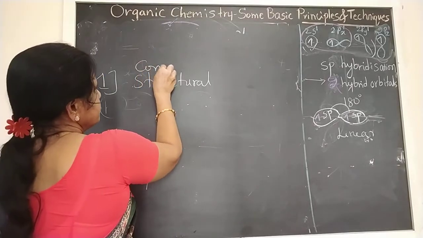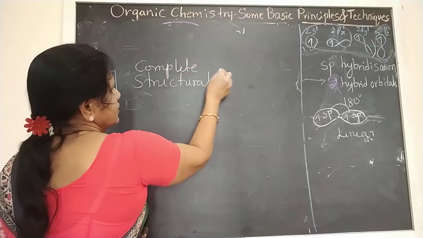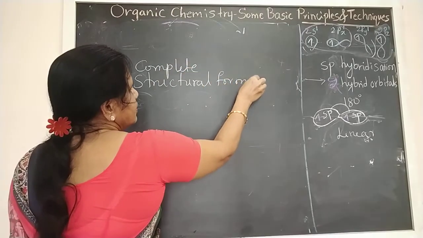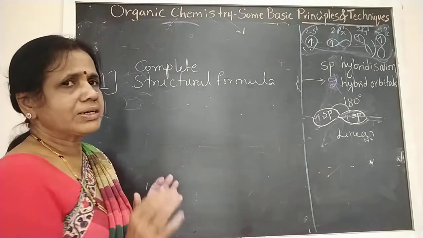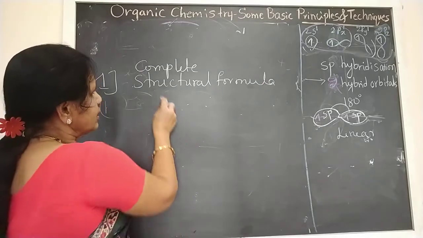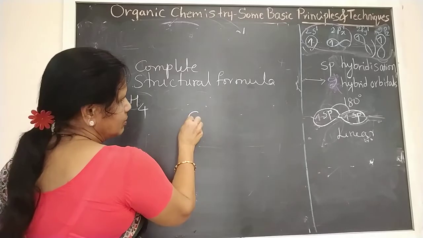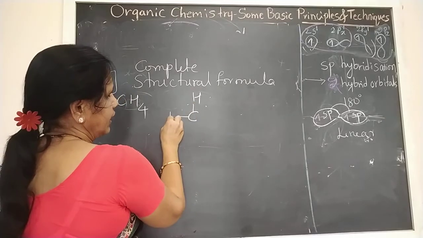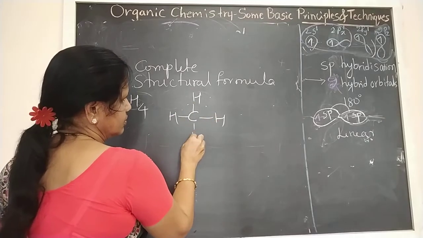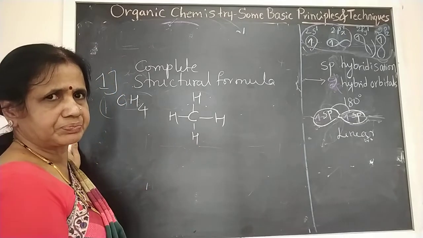Now what is the complete structural formula? Here in the case of methane, the middle carbon with the four H around it. This is the complete structural formula.